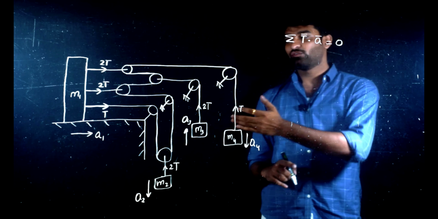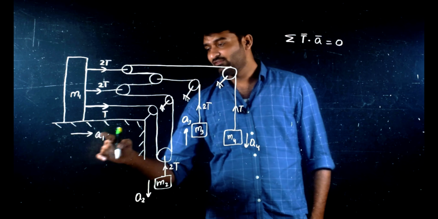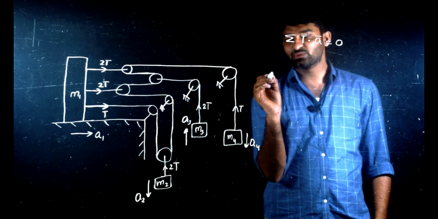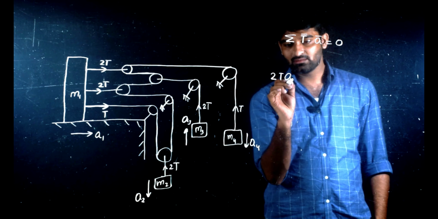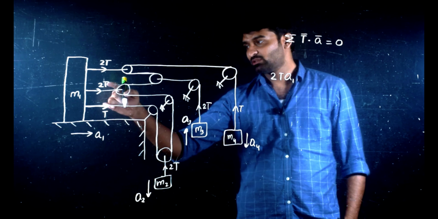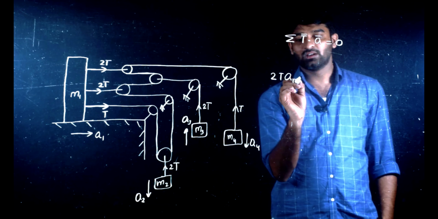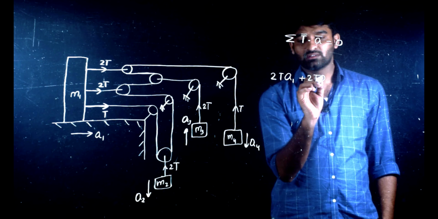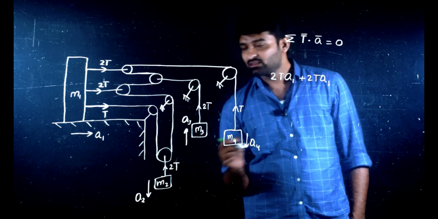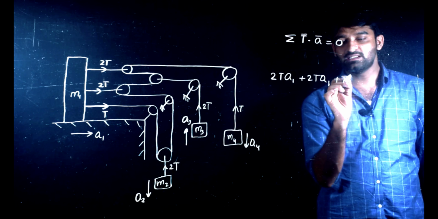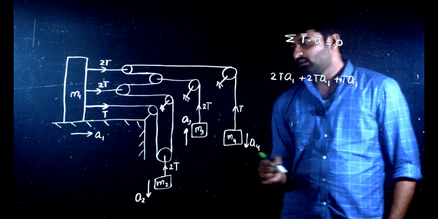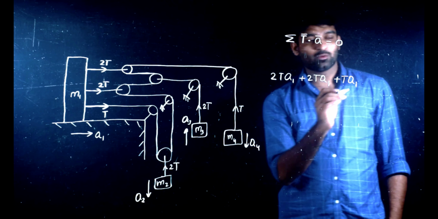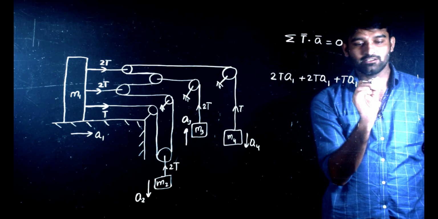The final step of application. 2T and A1 are in the same direction, so 2T A1 cos 0, so plus 1. This 2T and A1, plus 2T A1. And this T and A1 are again in the same direction, so plus T A1. Next, this 2T and A2 are in opposite directions, so minus 2T A2.